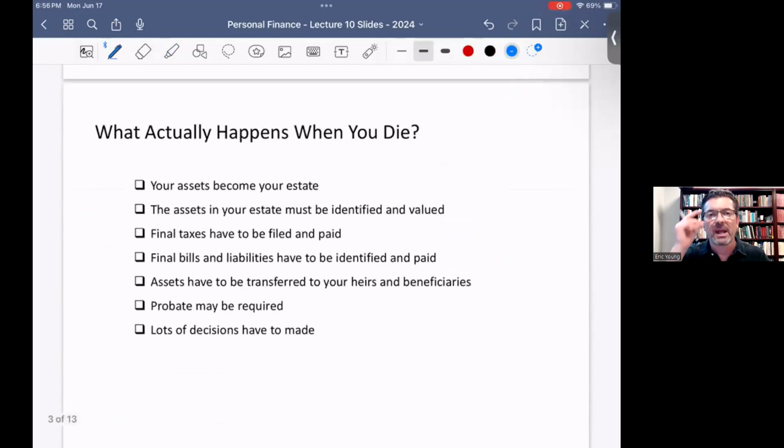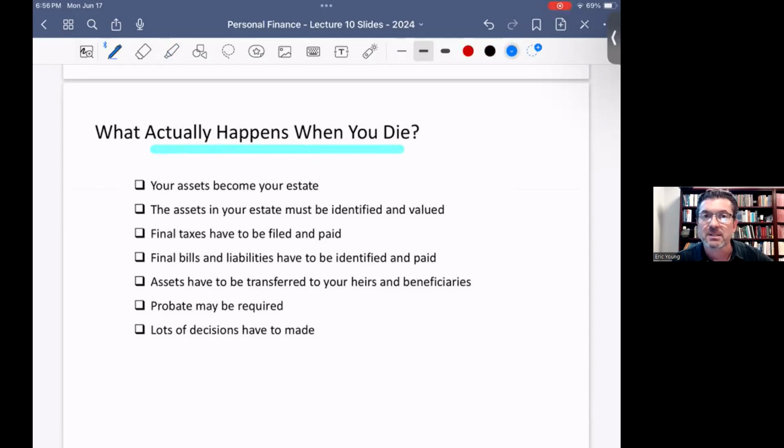Now, one of the ways to think about an estate plan is to actually take a step back and ask a very difficult question, but from a very technical, legal, financial point of view: what actually happens when you die? There's a series of events that occur when you die.